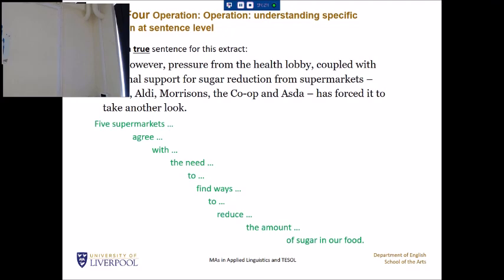But what is the instruction here? What do students have to do in this particular item? What do they have to do?